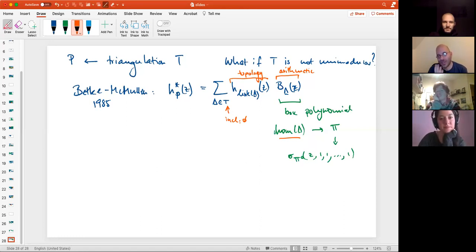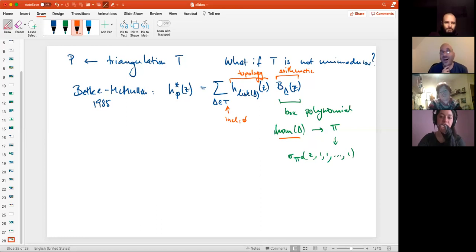It also tells you a little bit about the complexity of what you're doing here. You have to understand somehow the topology of your triangulation. So if your triangulation is topologically more complicated, it should be more complicated to compute. That sort of makes sense.